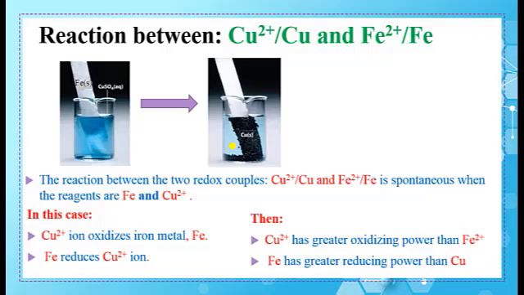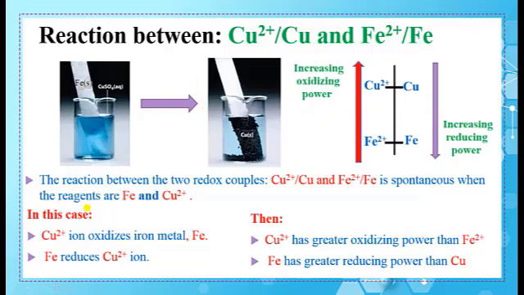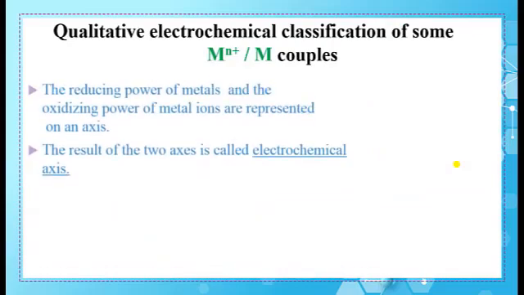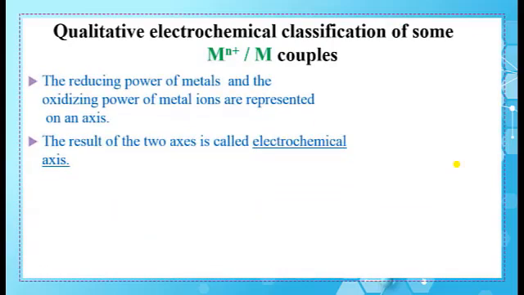If we want to put them on an axis, look here, we said that Cu2+ has a greater oxidizing power than Fe2+. Then we put Cu2+ above Fe2+. And Fe, which has a greater reducing power than Cu, look here, the increasing reducing power is downward. Then we can say that Fe has a greater reducing power than Cu. The reducing power of metals and the oxidizing power of their ions are represented on an axis.